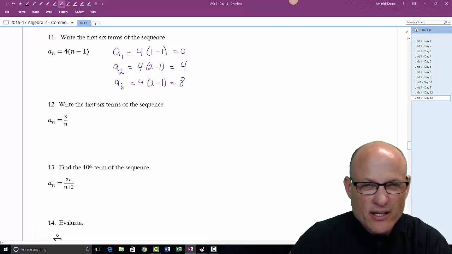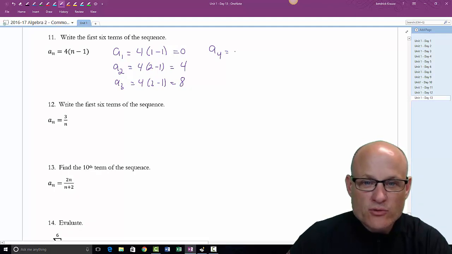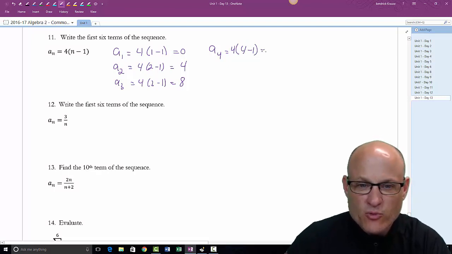That would be 8. And then a sub 4 is equal to 4 times 4 minus 1. 4 minus 1 is 3, so this would be 12. So it looks like we're adding 4 every time. A sub 5 is equal to 4 times 5 minus 1. That would be 16. And of course the last one is just 20.